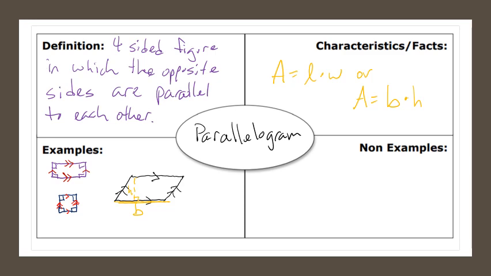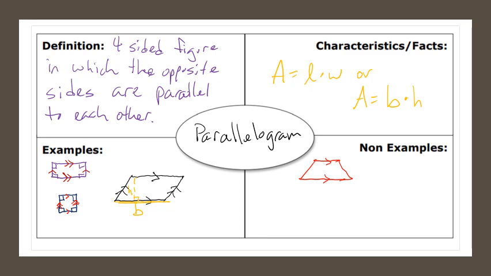Now for non-examples. A trapezoid is a non-example of a parallelogram. It's a four-sided figure, but not all opposite sides are parallel. In the trapezoid I drew, the top and bottom sides are parallel, but not the right or left, so it's not a parallelogram.